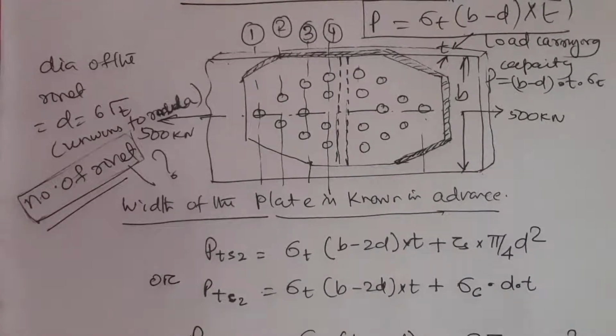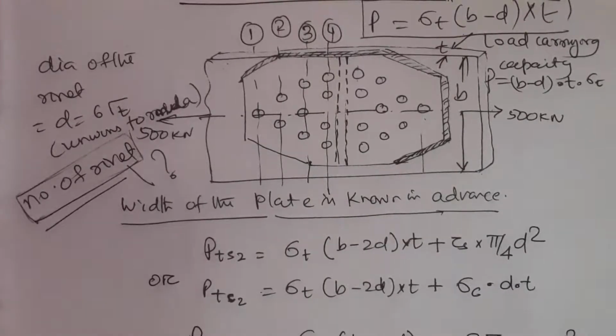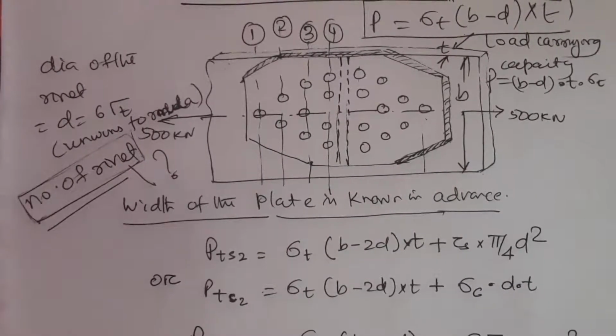Then once we know the number of rivets, we have to arrange them in diamond shape. After that we have to find out the pitch, then the back pitch and the margin. So this joint is designed not to tear in the outermost row.